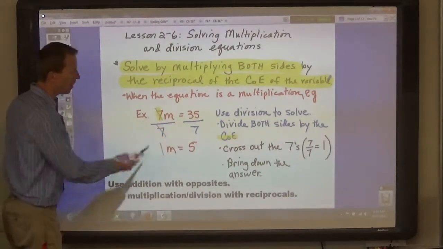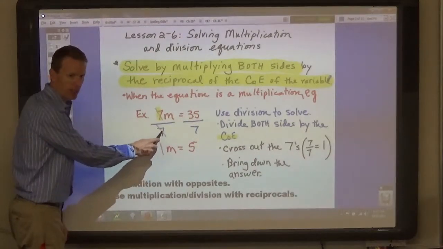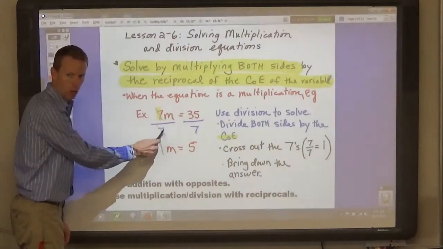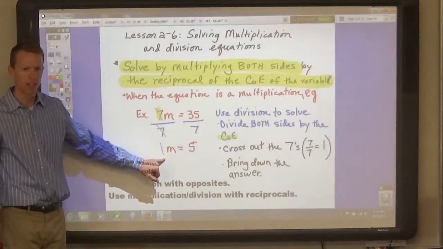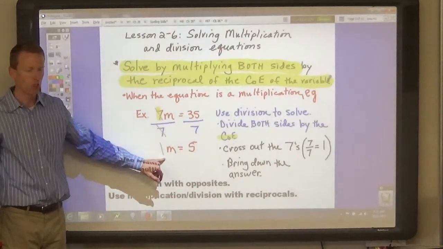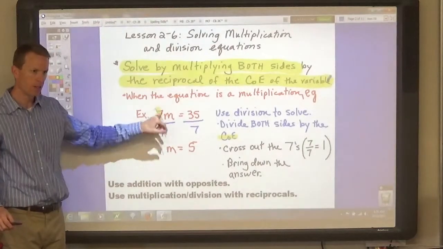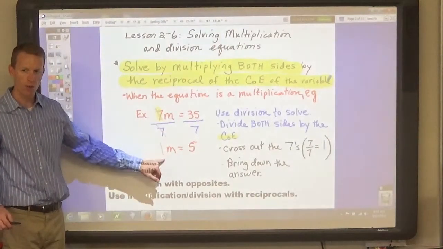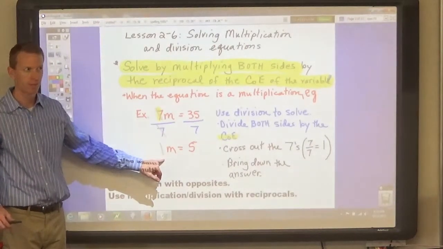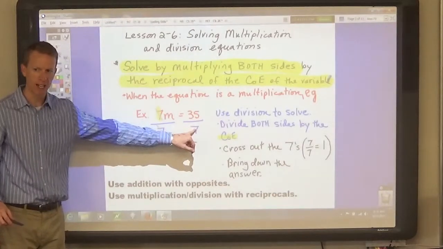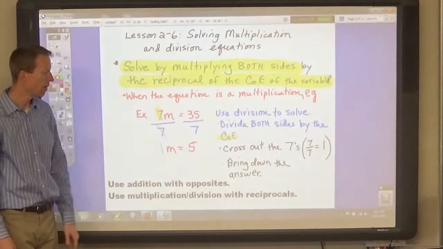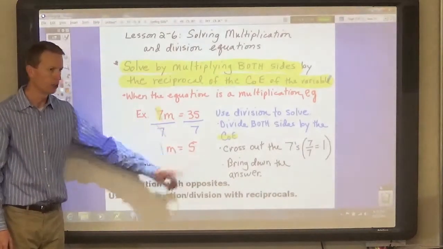Now, once you divide by the reciprocal on one side, you have to cross it out to reduce it to 1. So we have to cross out the number in order to reduce it to 1. Then do the division on the other side. 35 divided by 7 is the solution.